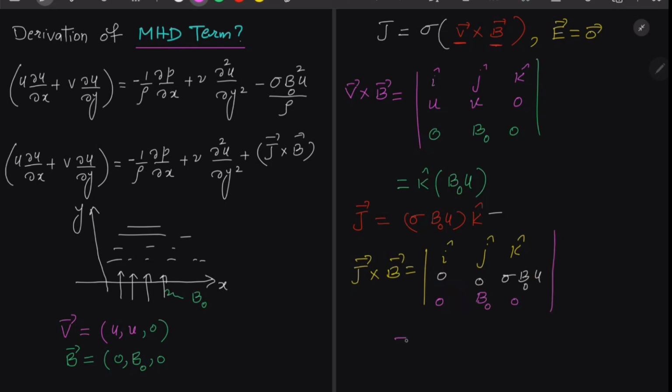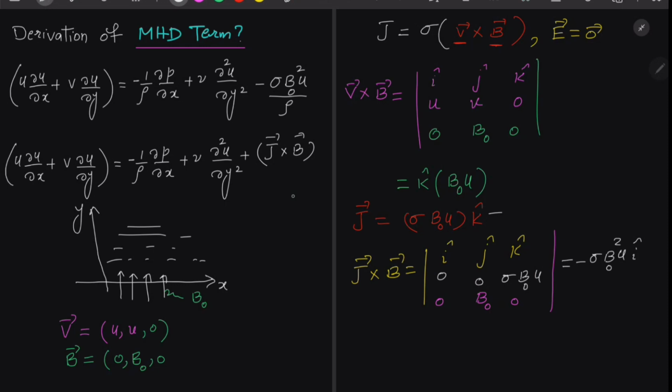From here we can see that we get the i unit vector component, and this will be minus sigma B naught square u. So J cross B is equal to minus sigma B naught square u i.